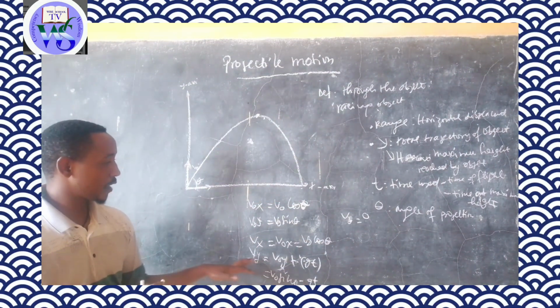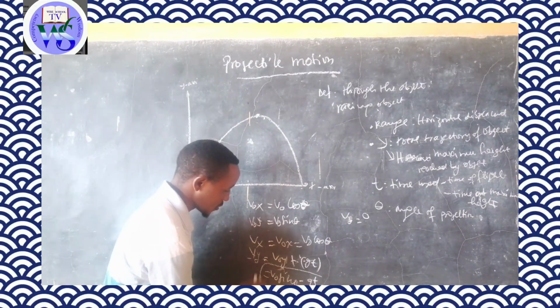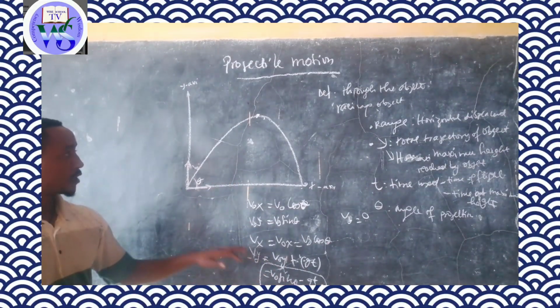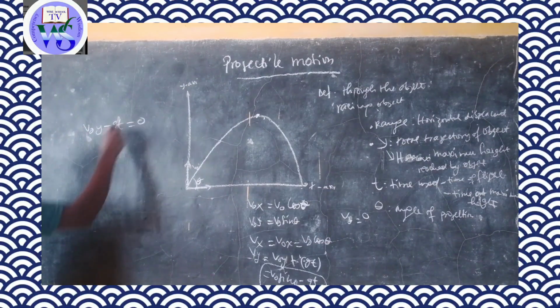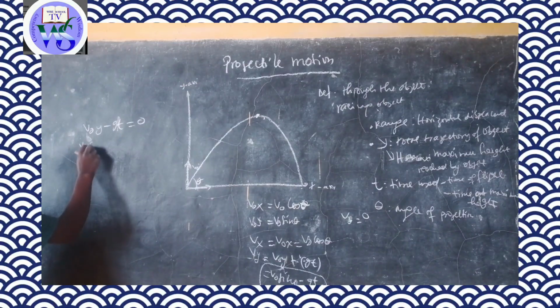So V0y minus gt is equal to 0, so V0 sine of theta minus gt is equal to 0.